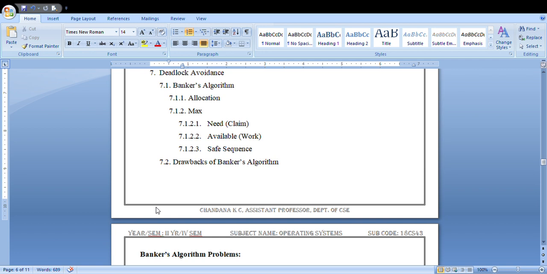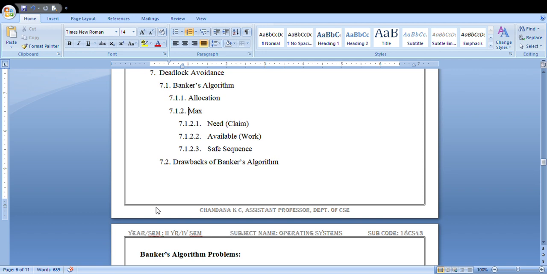And then there is need. Need is the current claim of a process, where a process claim is equal to its maximum need minus its current allocation. While solving the problem I will show you how to calculate that. Need is nothing but the current claim of a process.